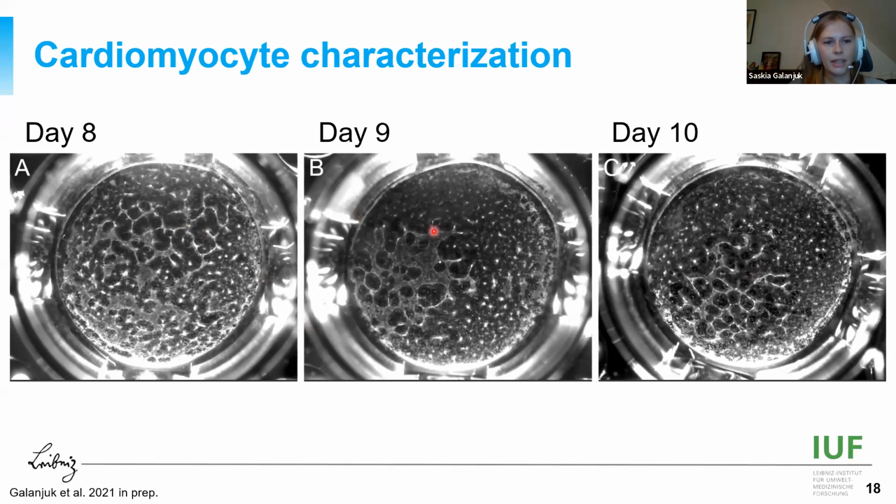As you can see in days 8 and 9, the beating is almost unnoticeable and not synchronous yet, so you have multiple starting points. On day 10, the cells start to beat in a noticeable synchronous wave, which can be analyzed with our in-house developed software. With that, next we challenged the protocol with compounds.